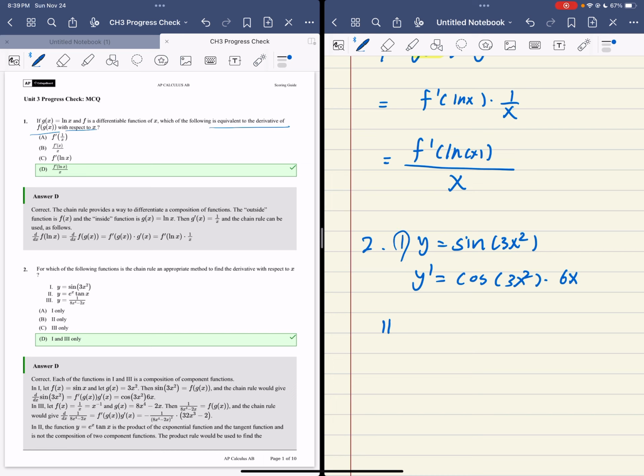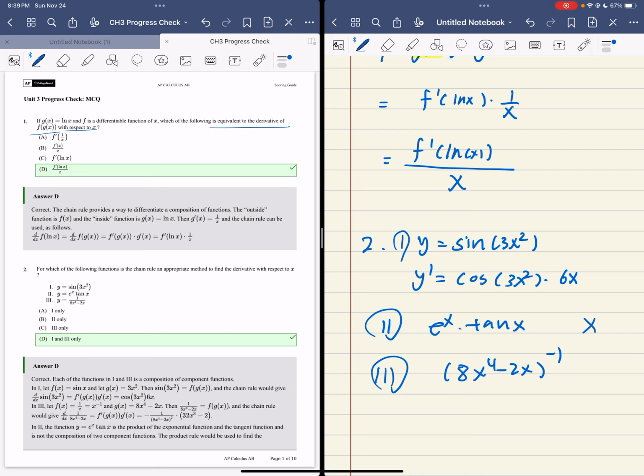Number 2 is e to the, no, that's not a chain rule, that's a product rule. Do you see this? When you do this one, that's going to be a product rule, so that's not going to work. Number 3 is the same thing as 8x to the fourth power minus 2x to the negative 1 power, because it's 1 over this.